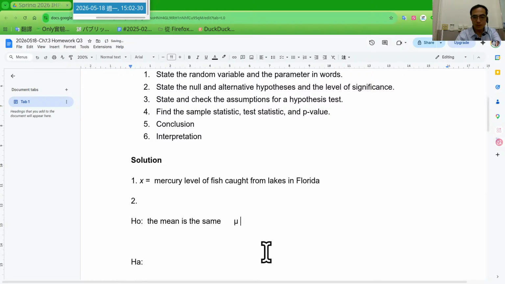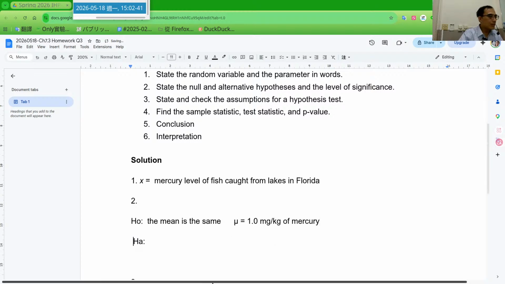Mu is 1.0 milligrams per kilogram of mercury. And how about the alternative hypothesis?